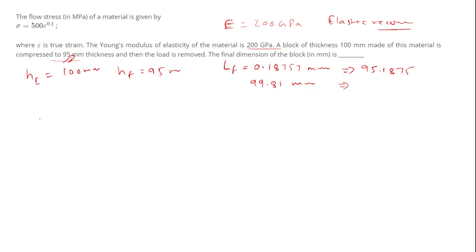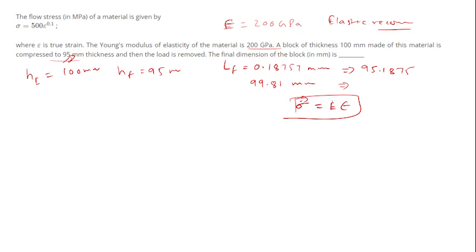What is the formula we use during the elastic zone for stress and strain? This is the relationship during the elastic zone. We need to find your final dimension from this formula, but we need the stress.